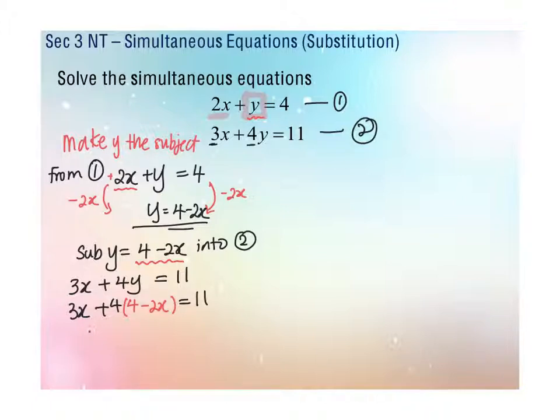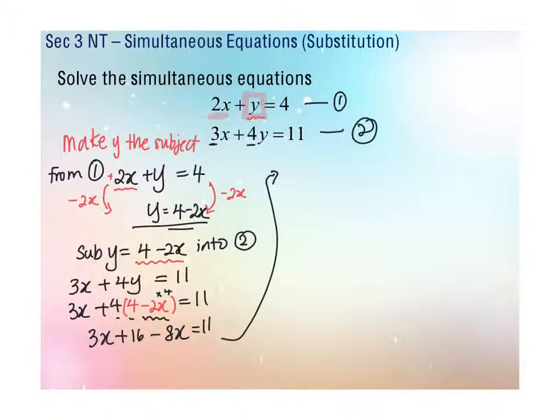So we will have 3x plus 4 times 4, not 4 plus 4, 4 times 4, 16. Now the term at the back needs to be multiplied by 4 as well. So negative 2x times 4, negative 8x, equals 11. Now there's not enough space, I'm going to shift this over here.